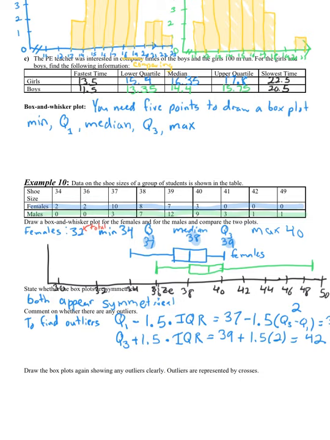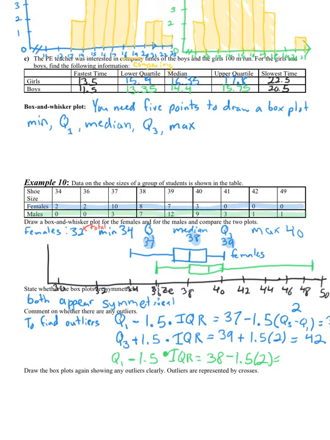For the men, I'll switch it to the men now. Q1 was 37, and we're going to do times the IQR. So I'm sorry, Q1 was 38, and it's 1.5 times 2.